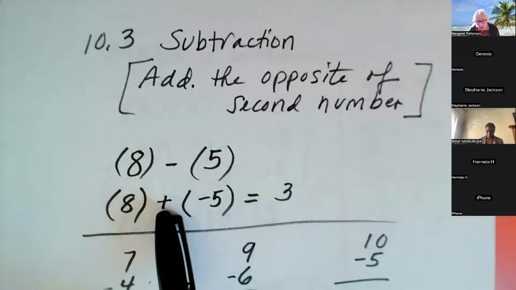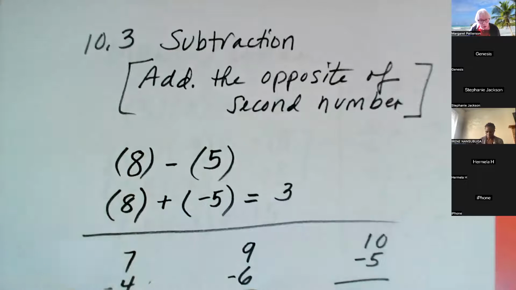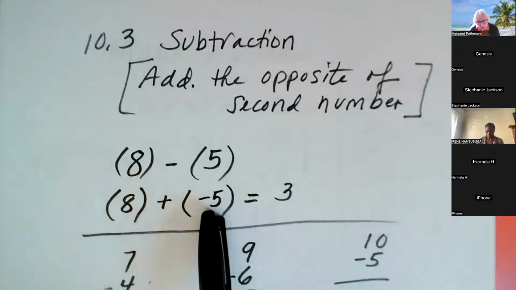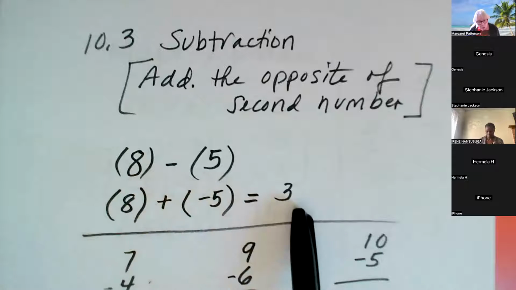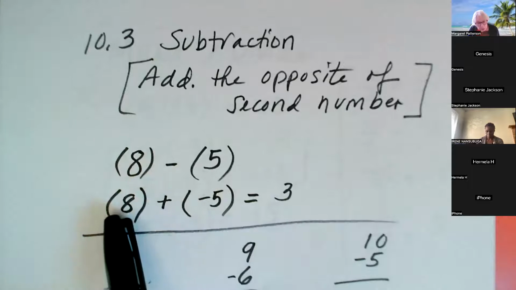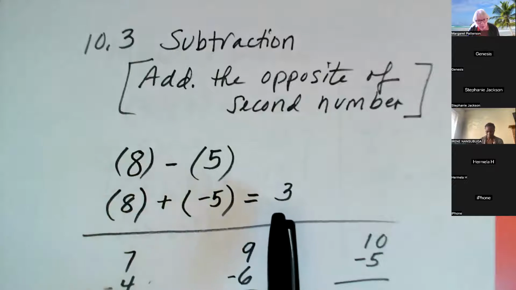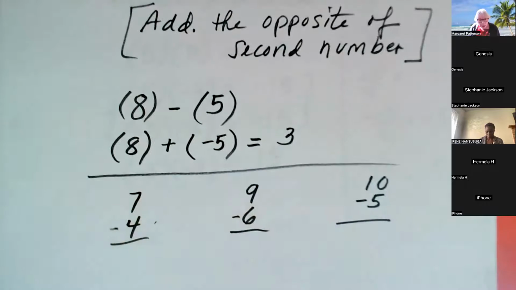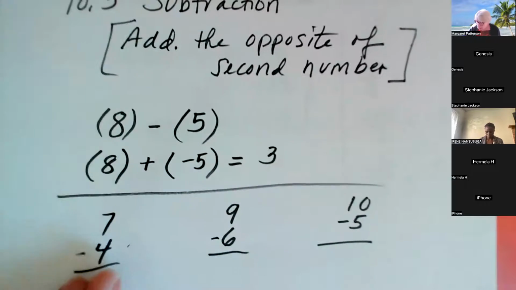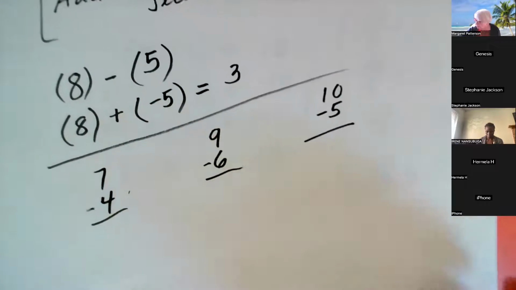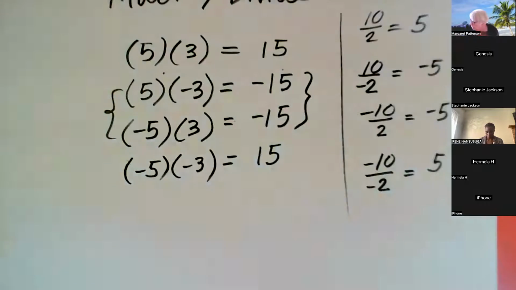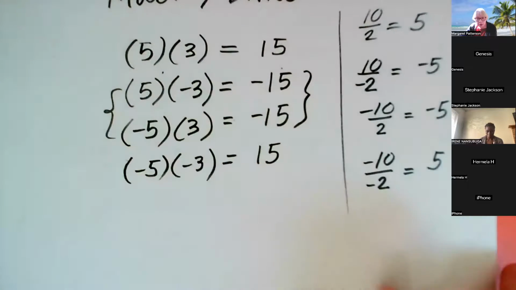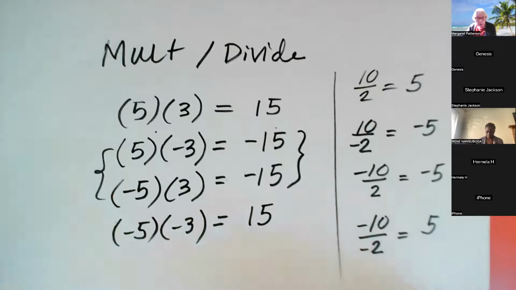So this now is addition, and then it goes back to addition rules. These two are opposite signs, so you subtract them. 8 take away 5 is 3. The larger one is the positive 8, and so it ends up being +3. So these were just examples of that.